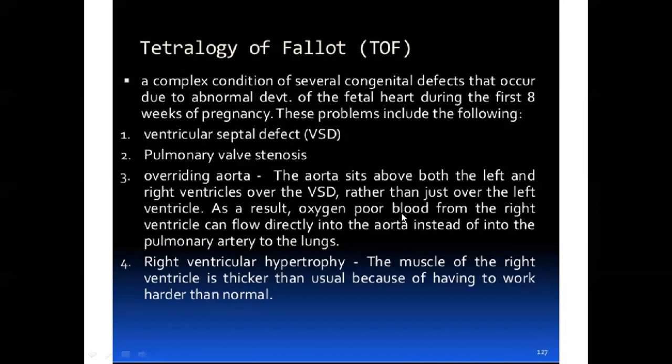As a result, oxygen-poor blood from the right ventricle can flow directly into the aorta instead of into the pulmonary artery of the lung. It cannot be pure. It lacks oxygen. Then right ventricular hypertrophy. The muscle of the right ventricle is thicker than usual because it has to work harder than normal.